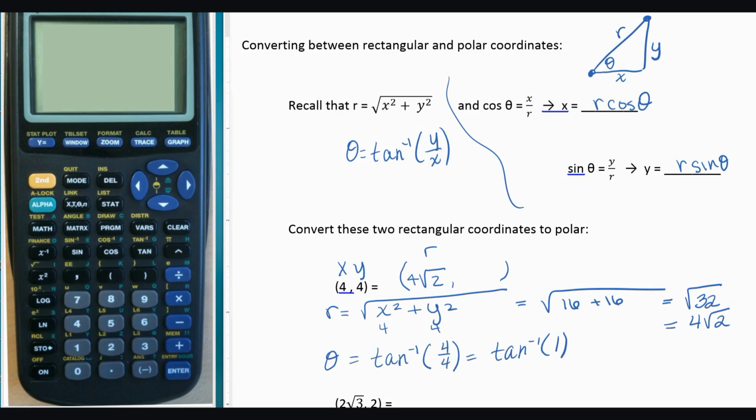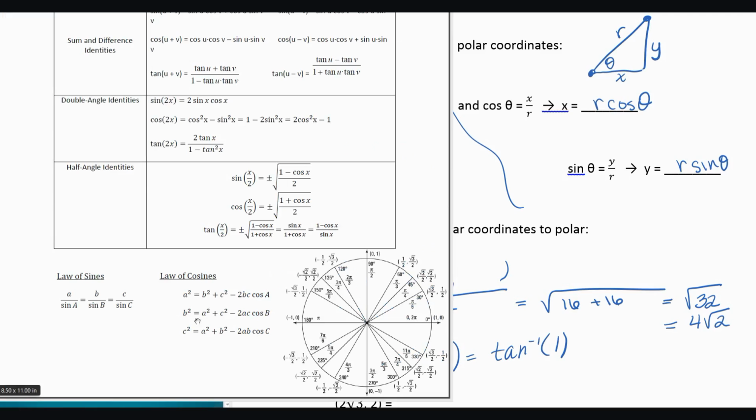And we know if we plot the point 4, 4, that we're in the first quadrant. So we want the angle in the first quadrant where the tangent is 1. So I pulled up our formula sheet here, and we want to be in the first quadrant where y over x is equal to 1. And we see that happens at pi over 4.